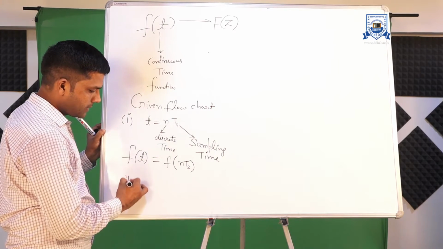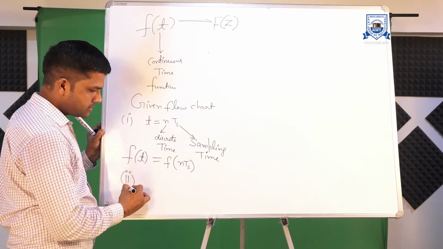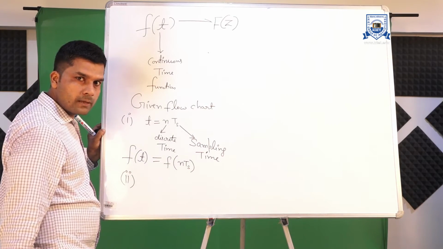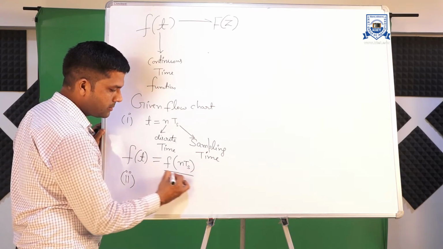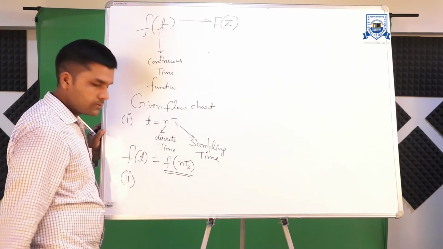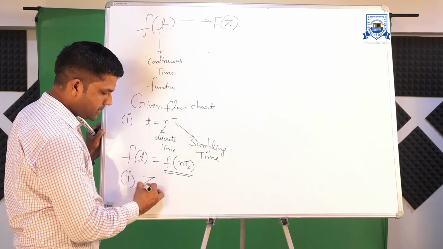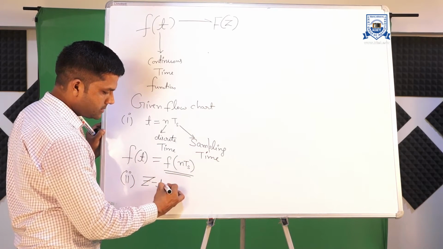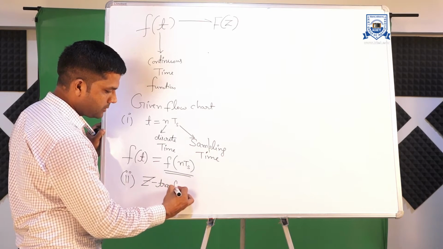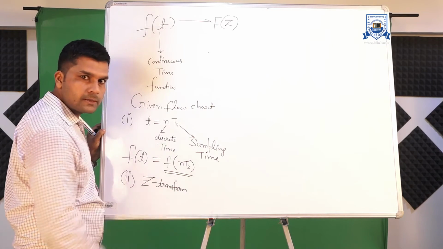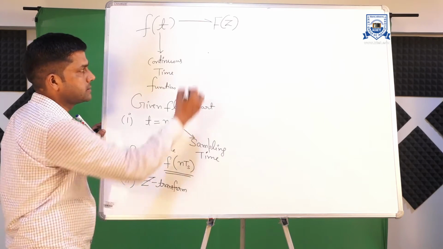The second step is to transform the given signal using the Z transform. We know the Z transform is applicable for both unilateral sequences and bilateral sequences.